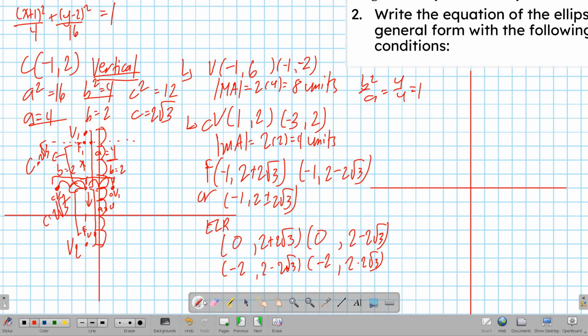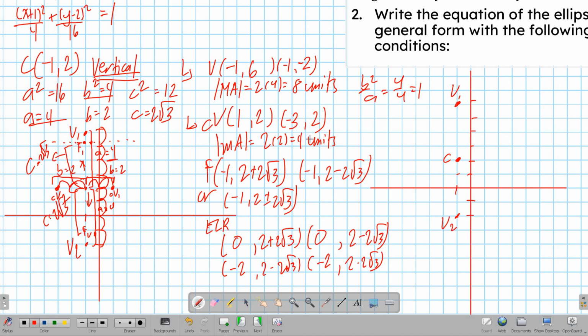So for our graph, our vertices are -1, 1, 2, 3, 4, 5, 6. This is the first vertex. The center is at -1, 2. Here, then the second vertex would be at -1, -2. All right, there you go. So this is the second vertex.